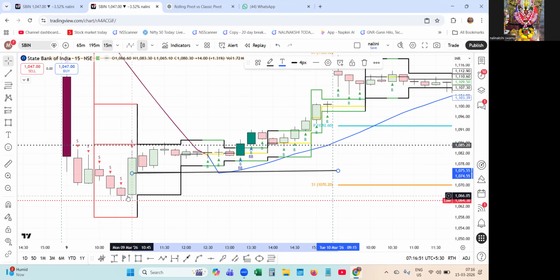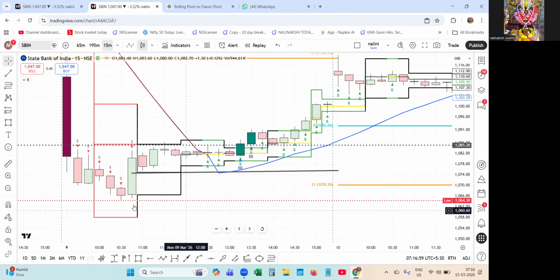The market had fallen down and it balanced out above the pivot. Current data, you can see after 10:30, it is balancing above the pivot. It is current live market data, telling you the market momentum is changing on an intraday basis and asking you to take a position on the long side.